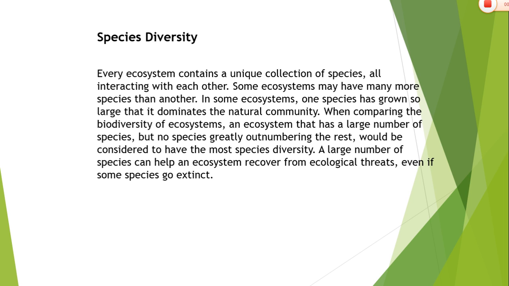When comparing the biodiversity of ecosystems, an ecosystem that has a large number of species but no species greatly outnumbering the rest would be considered to have the most species diversity. A large number of species can help an ecosystem recover from ecological threats, even if some species go extinct.